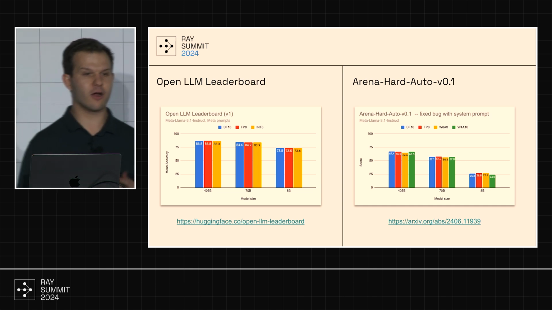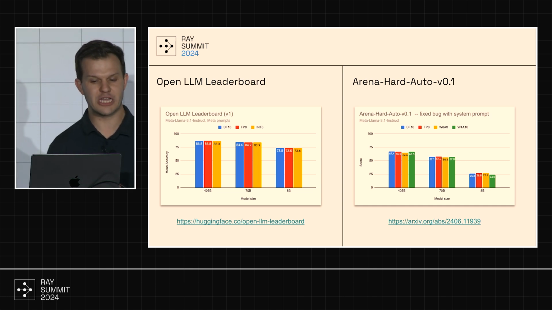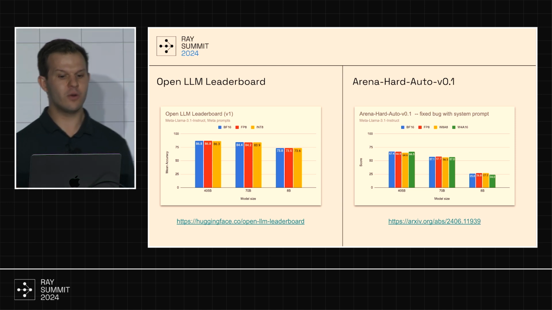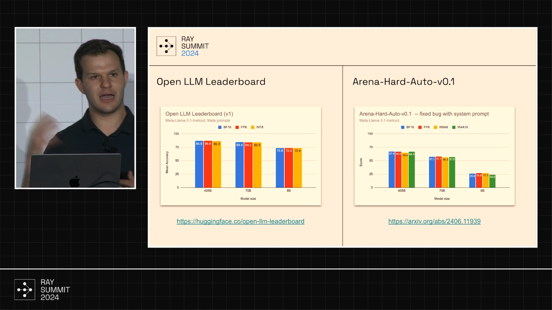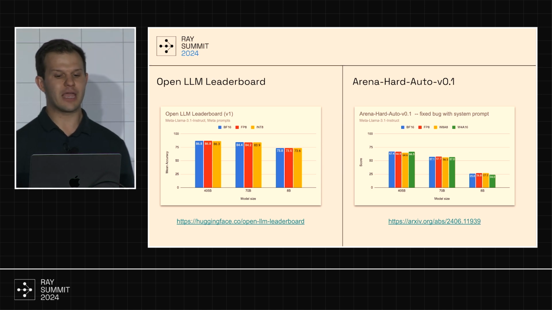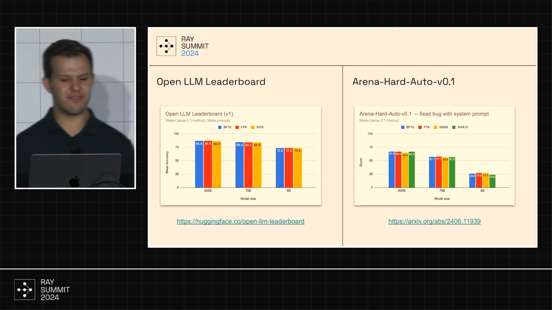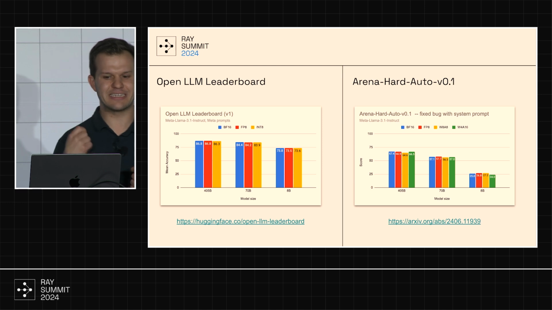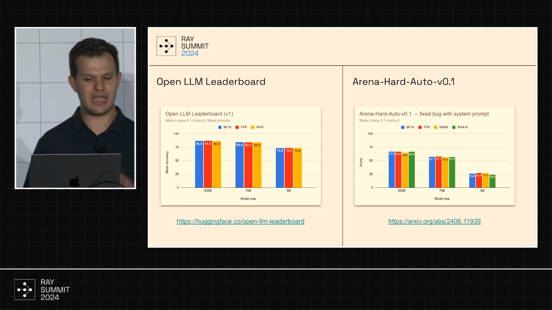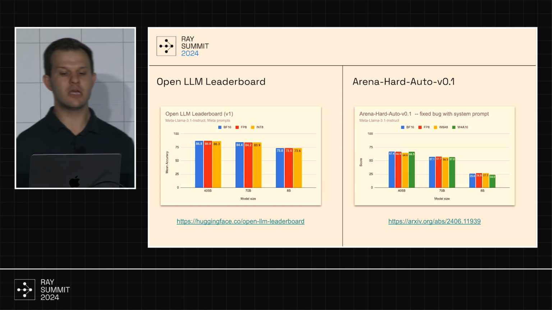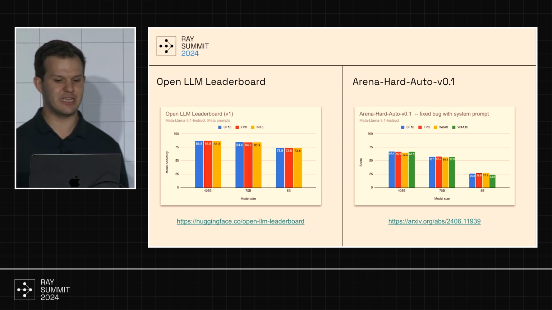And Arena Hard is the hardest possible tasks from those, the Chatbot Arena. And with Auto, there's about 500 prompts that are automatically evaluated by GPT-4. And what we can see is that the FP8 models get almost the exact same scores as the BF16 models, and the int8 models are very, very close to their BF16 counterparts.